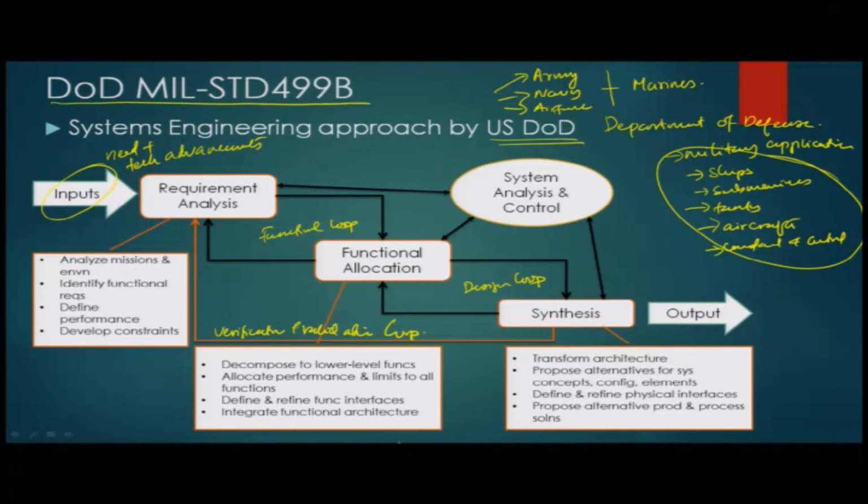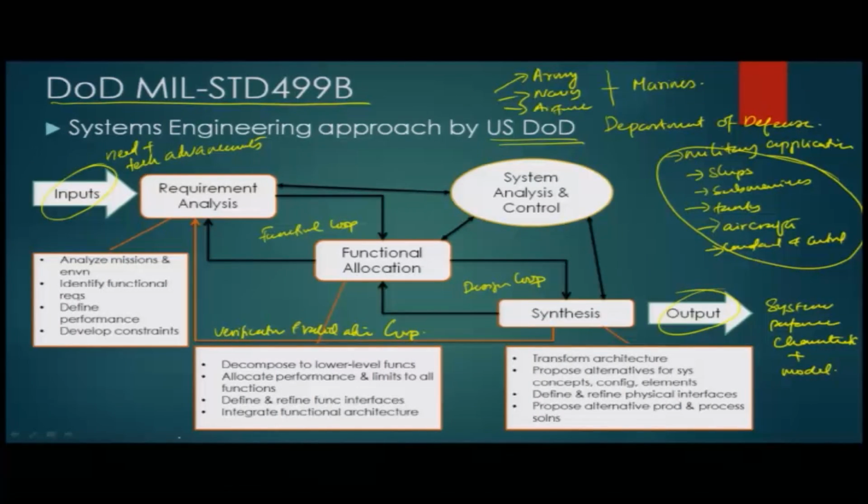These different loops we talked about, and then we have system analysis and control, where you are controlling the different steps throughout to realize the system performance characteristics plus model. So, you are choosing the particular model and establishing its performance characteristics. That is the output of the system.